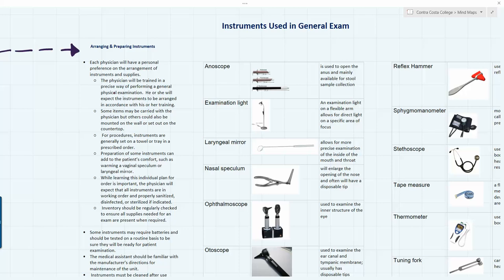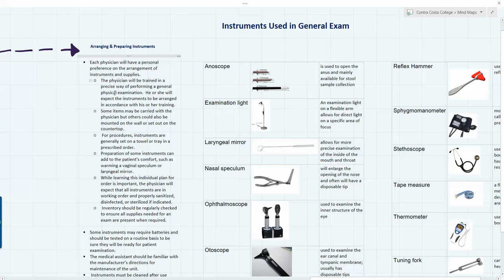Your doctor will not want to do a pap smear and you, when you go to set up for it, realize that you forgot to reorder the disposable speculum. That's going to be an issue, so you want to avoid that up front by being on top of your inventory.